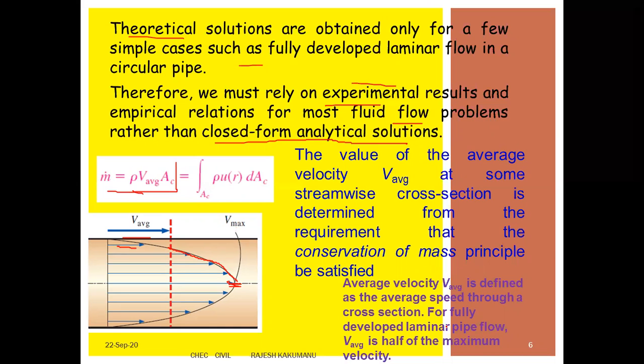For fully developed laminar flow, V average is half the maximum velocity, so 50 percent. Like this we can see the velocity of flow in a fully laminar flow pipe.